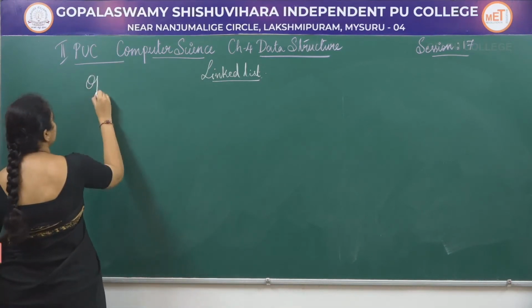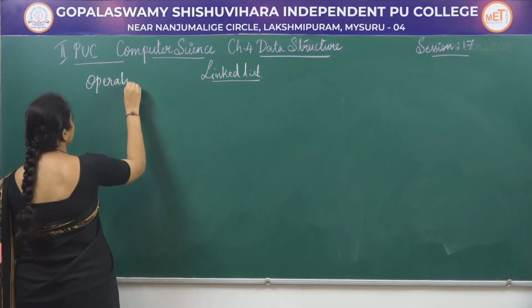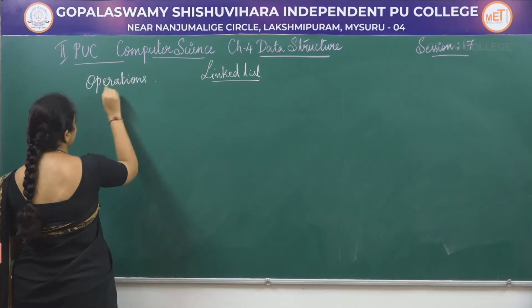What are all the operations we can perform on a linked list?